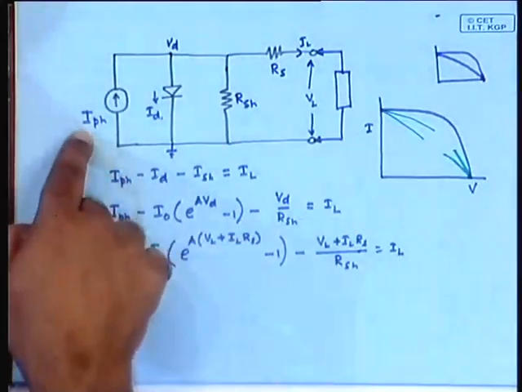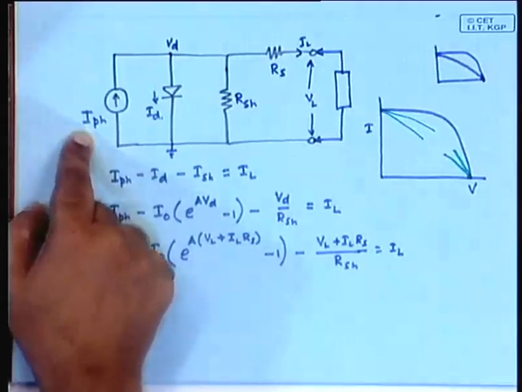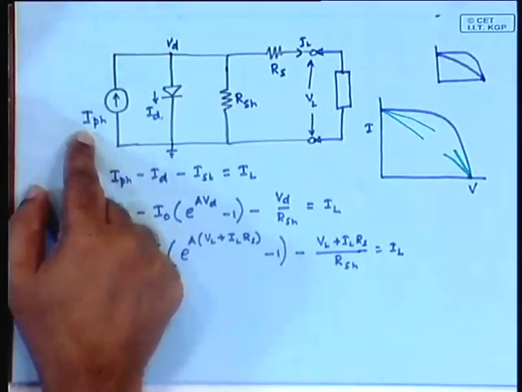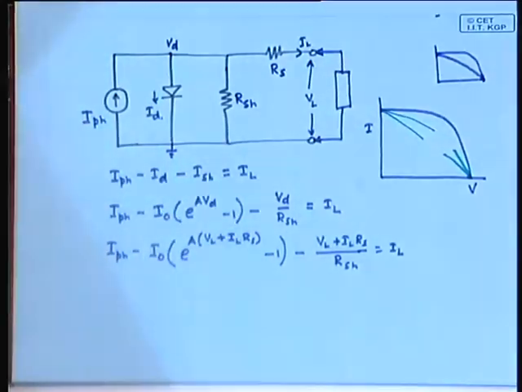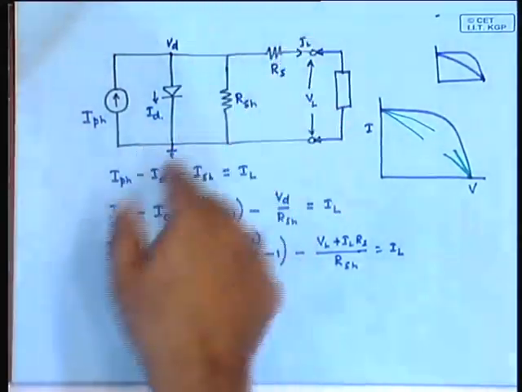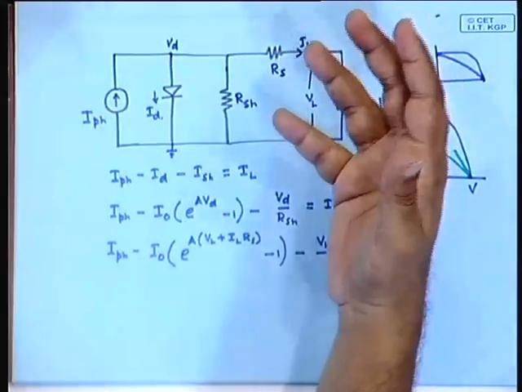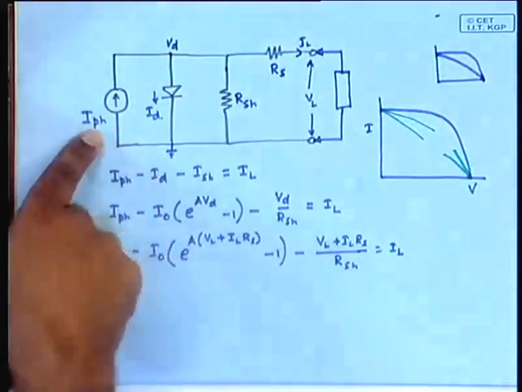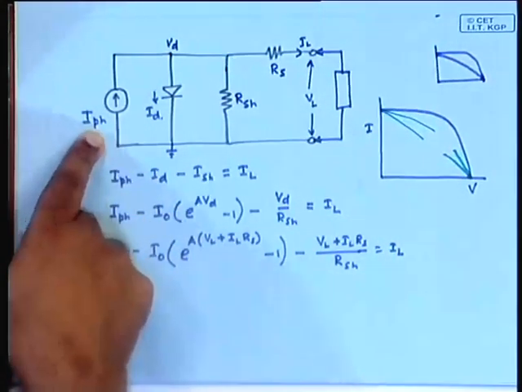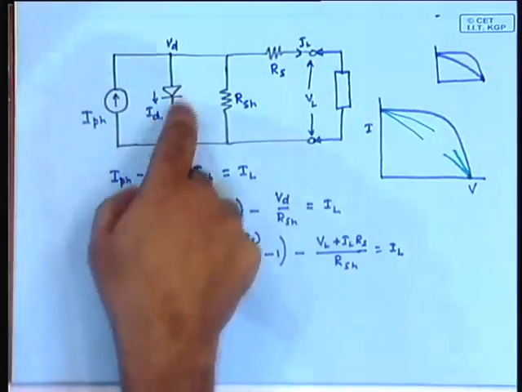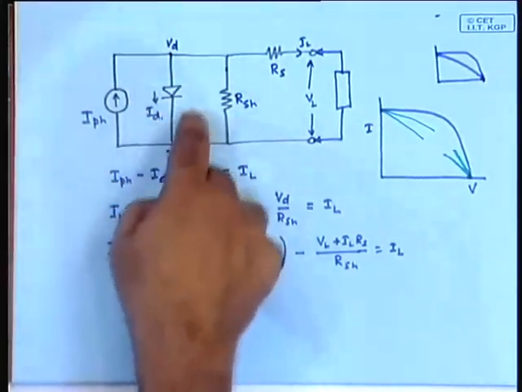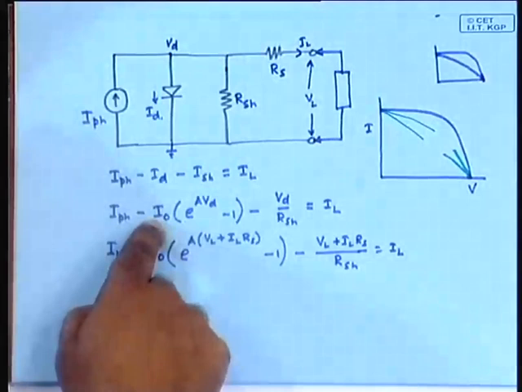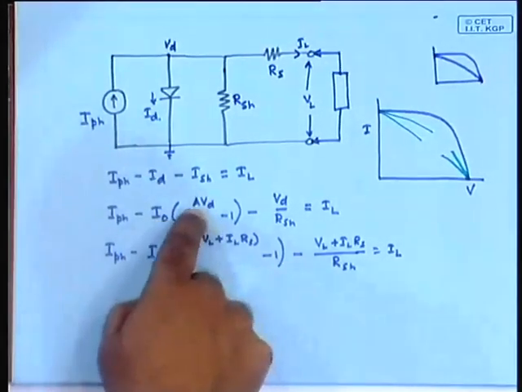Suppose I give you IPH, or I give you the incident solar radiation and what is the factor by which the incident solar radiation is converted to IPH, either of the two. We also give the parameters of the diode, meaning that I give you I naught and this A factor.